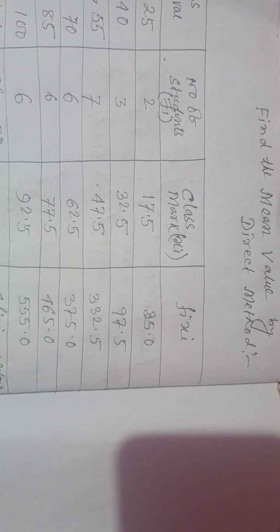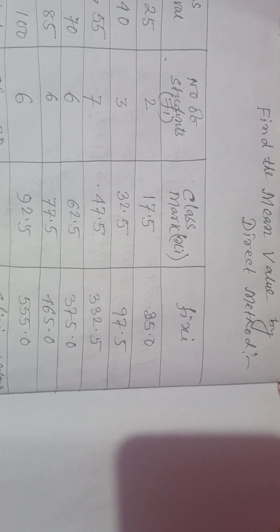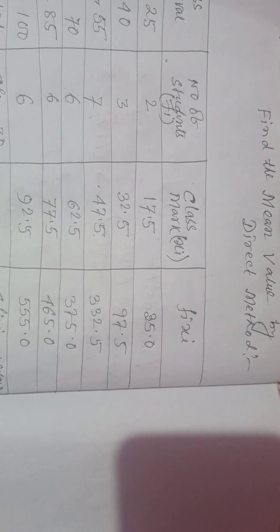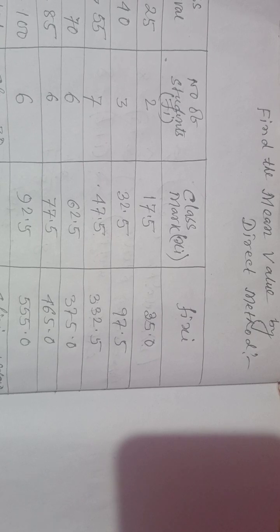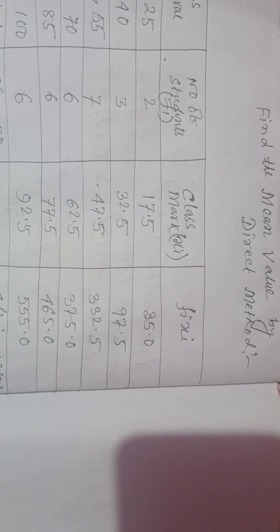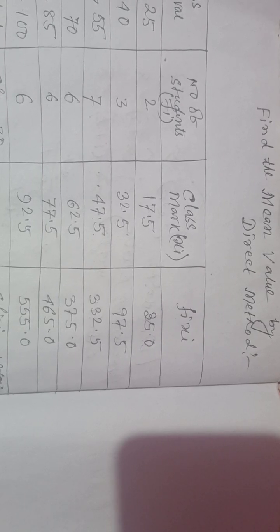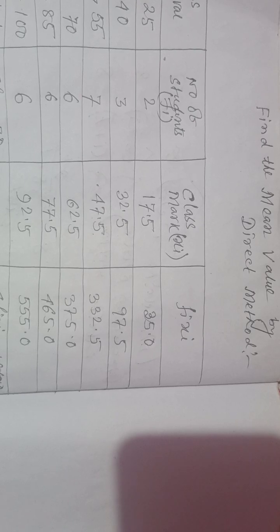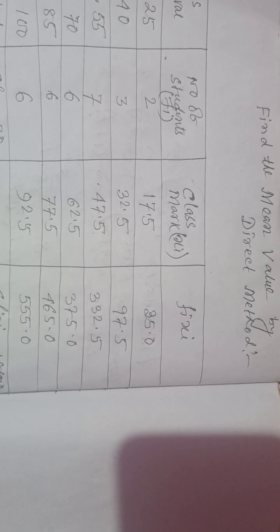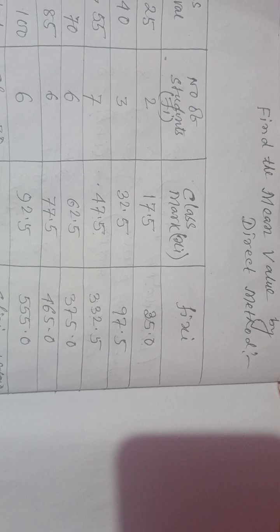Well, in the direct method process, we can get the formula: x bar, the mean value of the class intervals, equals summation, that means sigma fi xi, divided by summation fi. We have obtained the summation fi xi equals 1860 and the summation fi equals 30.